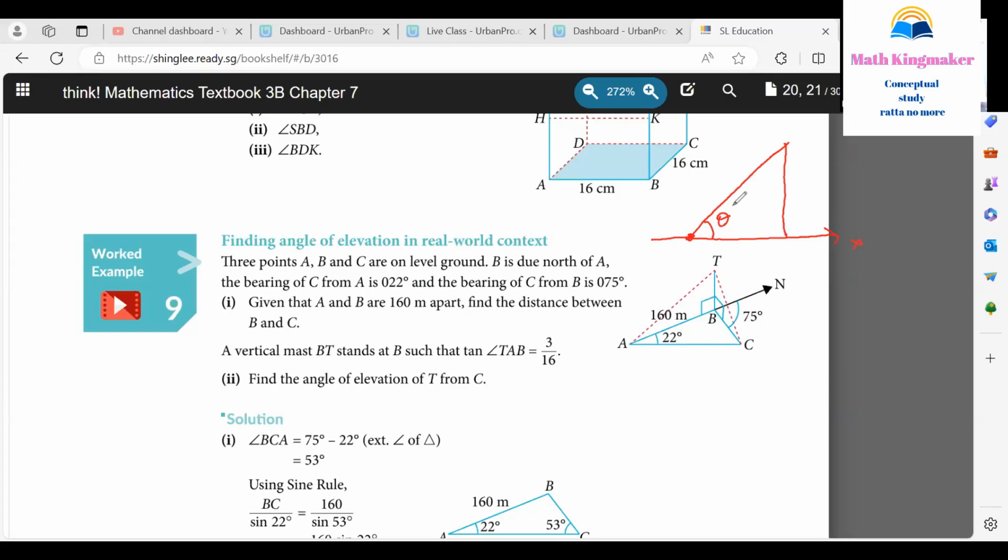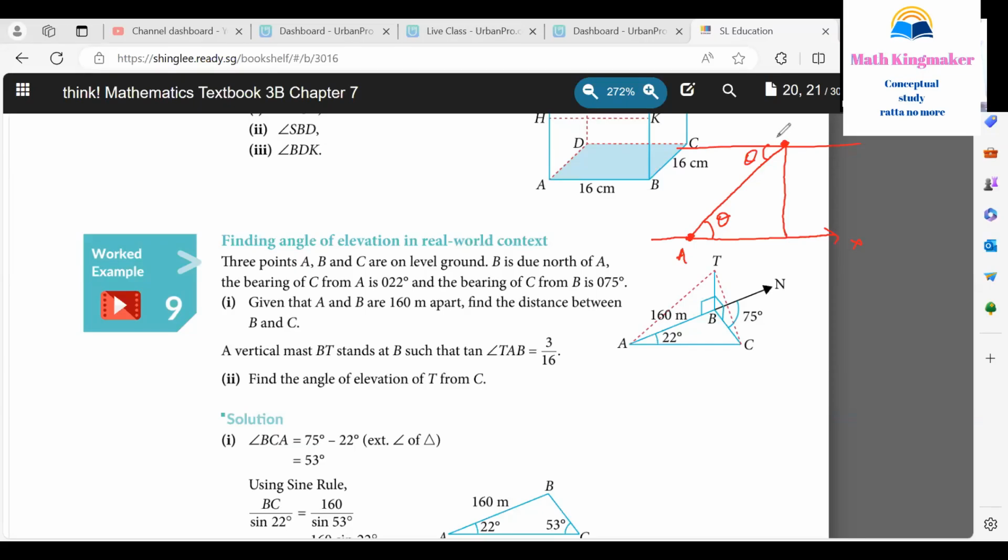Okay, and another angle is the angle of depression. So angle of depression is someone is there at the top, and he is looking at this point A. Whatever angle it is making with the horizon, this will be the angle of depression.